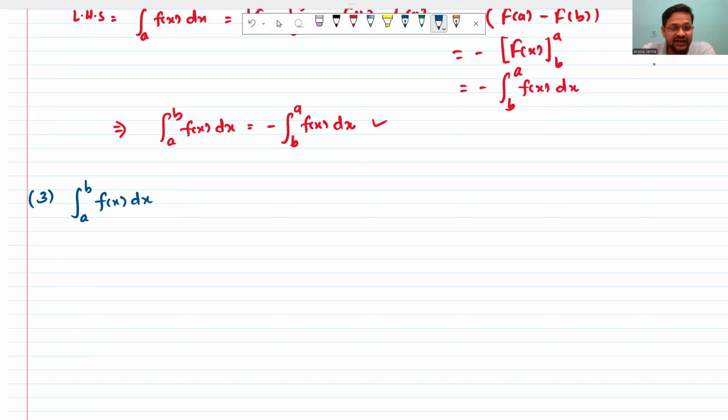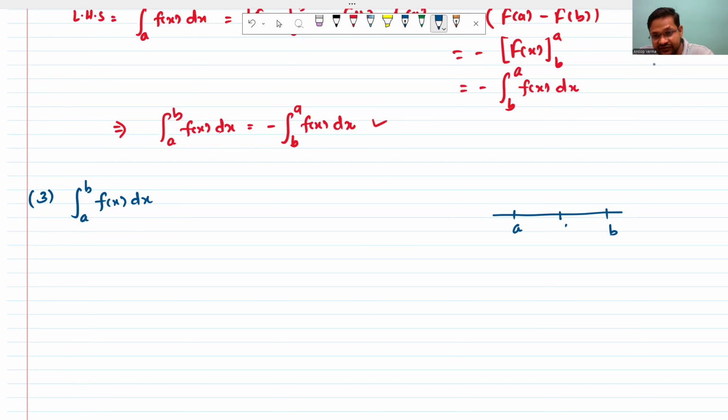So from a to b of fx dx. If you break this interval, suppose that we have an interval from a to b. We know that the function should be continuous for the integration, continuous throughout the interval.